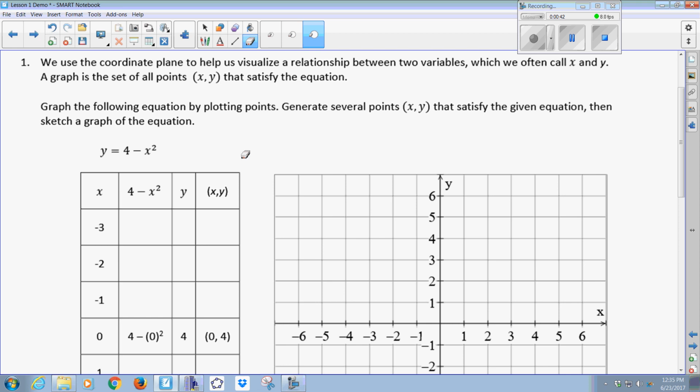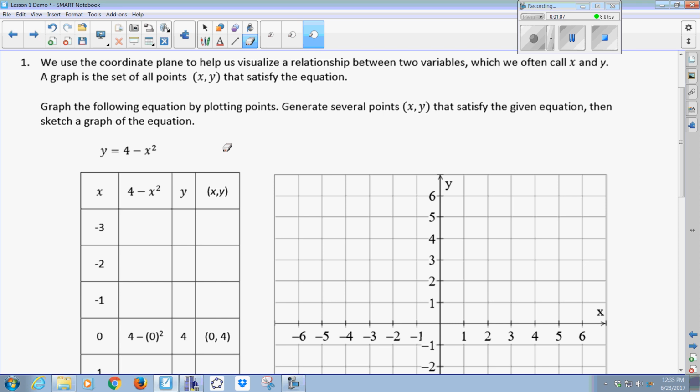It doesn't matter what you pick for x, but what's important is that you pick some negative values for x. Usually we pick 0 for x and then some positive values, just so you can have enough points plotted so you can see the shape of the graph. Depending on what equation you're graphing, sometimes you need more points than other times.